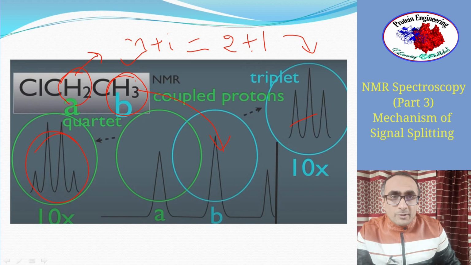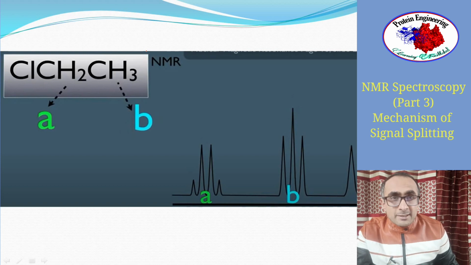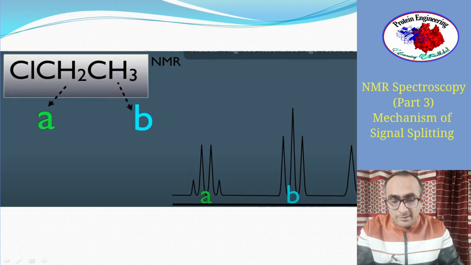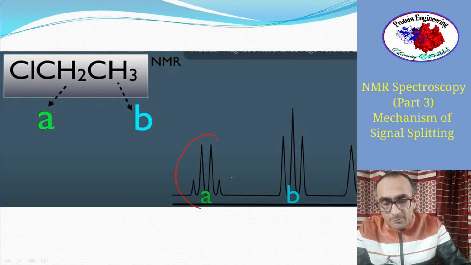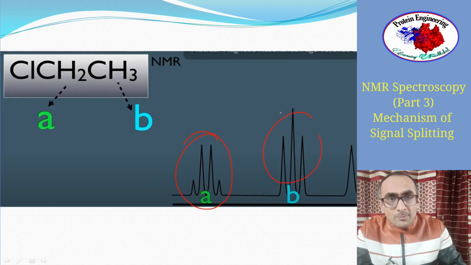These protons which split each other's signal are known as coupled protons, and this is called the multiplicity of the peaks. So in the spectrum of this compound, the A peak would be a quartet, split into four different peaks, and the B peak would be a triplet.